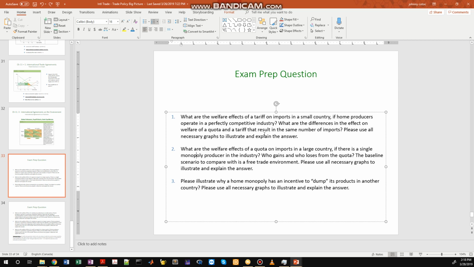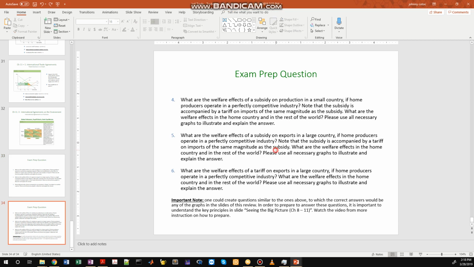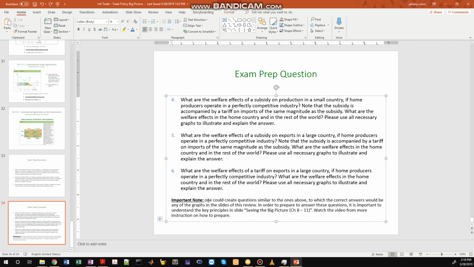Now, in order to clearly understand how those four principles are to be applied, I think I'm probably going to solve at least one, probably more than one, probably even 2 or 3 of these questions. There's 3 questions here, there's another 3 questions here, and it is important to note that I can create these kind of questions for basically most of the figures that you get to see in chapter 8 through 11.